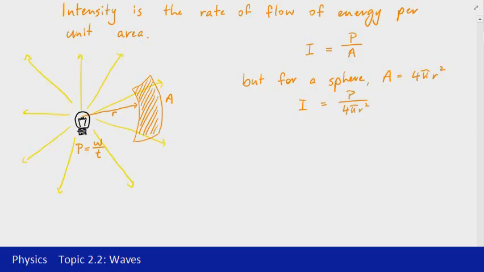So that's how we would calculate the intensity if we knew what the power of the source is and what the distance to the point of observation is as well. So the intensity here is measured in watts per square meter.